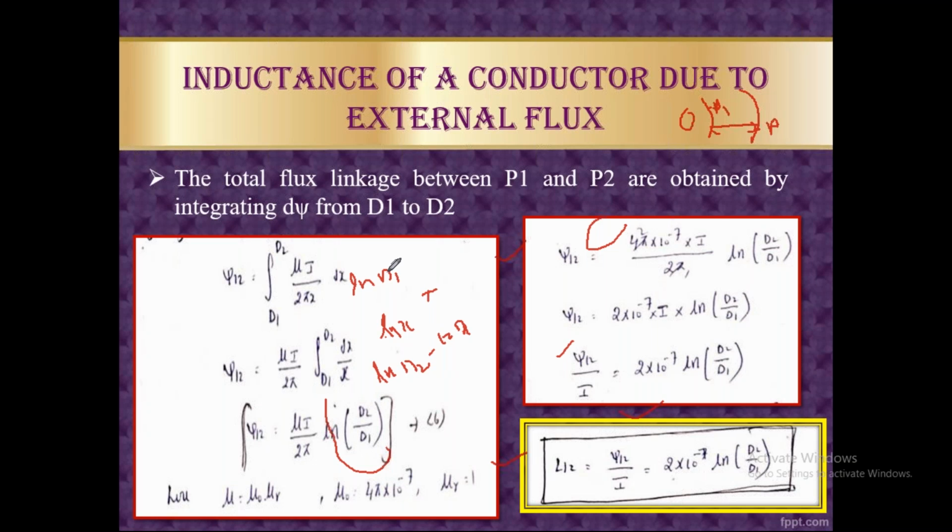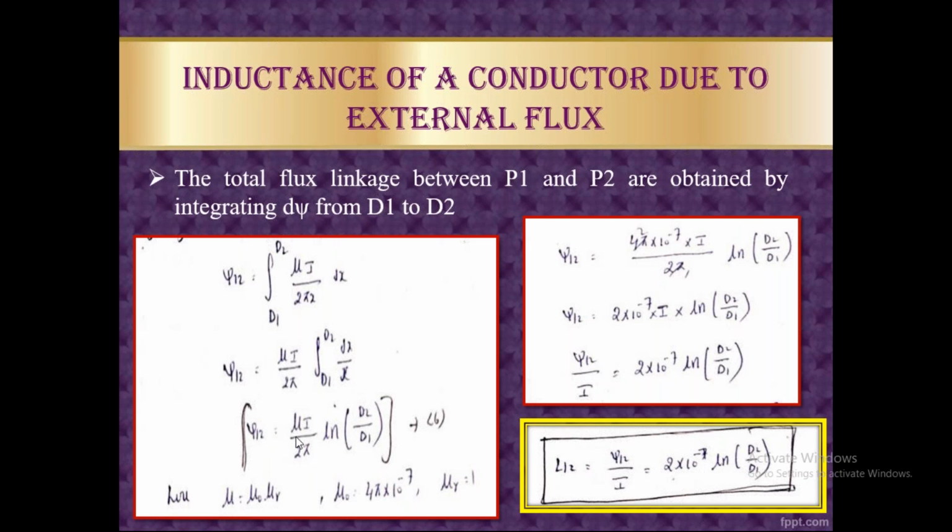If it is plus, you multiply; if it is minus, you divide. So after integration of 1 by x you get log x with upper limit d2 and lower limit d1, which is ln d2 minus ln d1. Based on the logarithmic equations I can make this equation ln d2 by d1.